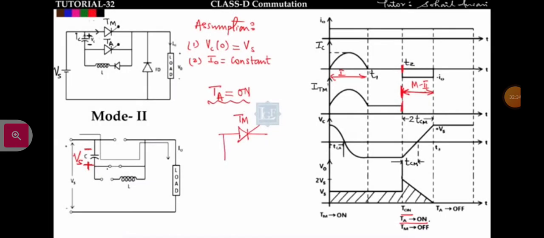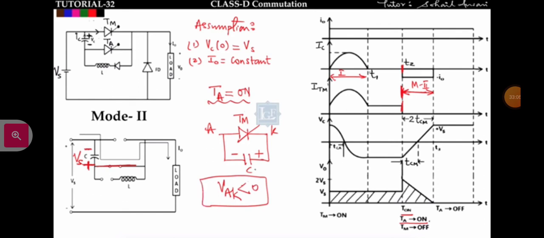When TA is triggered, the positive plate of this capacitor is connected with the cathode and the negative plate with the anode. So it is minus, it is plus, and this is the capacitor. The moment TA is triggered, the voltage drop across the main thyristor will be negative. See here, this is VAK. So VAK will be less than 0 because of the polarity of the voltage across this capacitor.